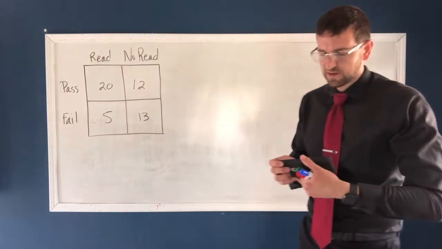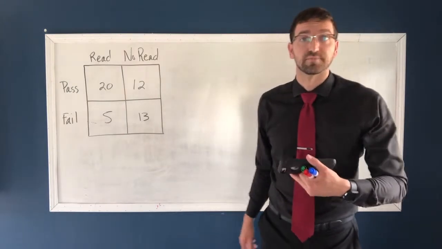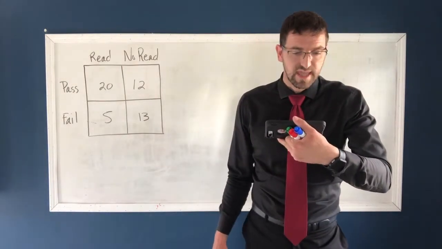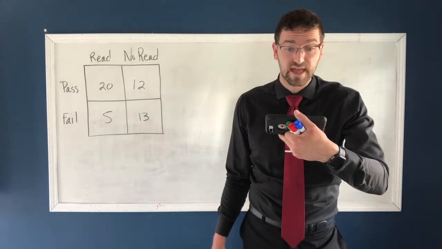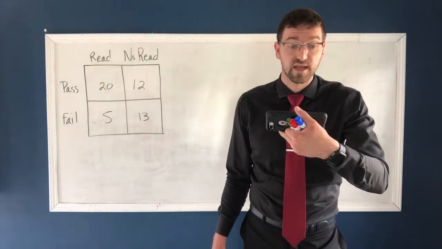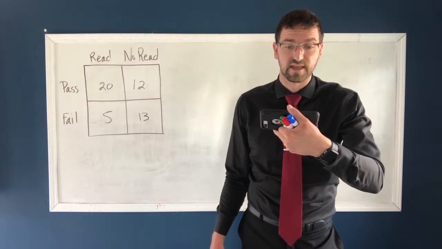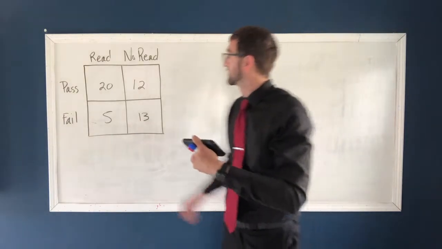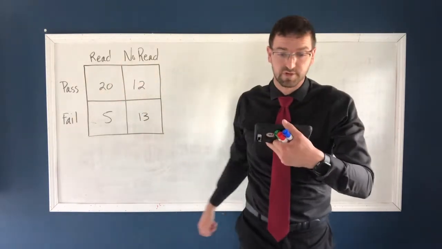So here's our example for today. Let me go ahead and read the prompt. Mr. K believed that students who read the course textbook before every lecture would pass the course more than students who did not read the course textbook before every lecture. Okay, so read the course textbook, did not read the course textbook.